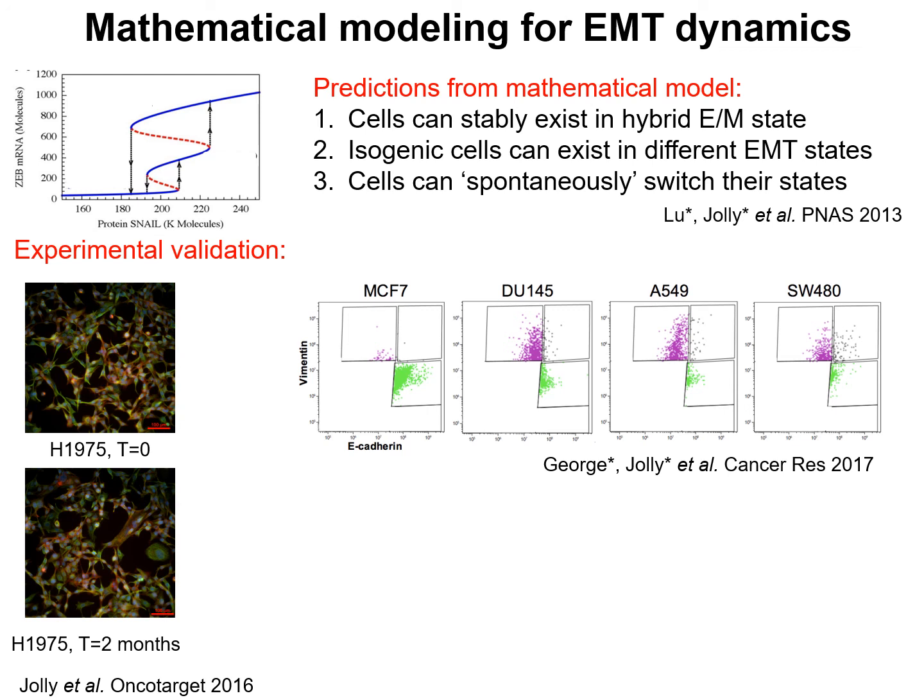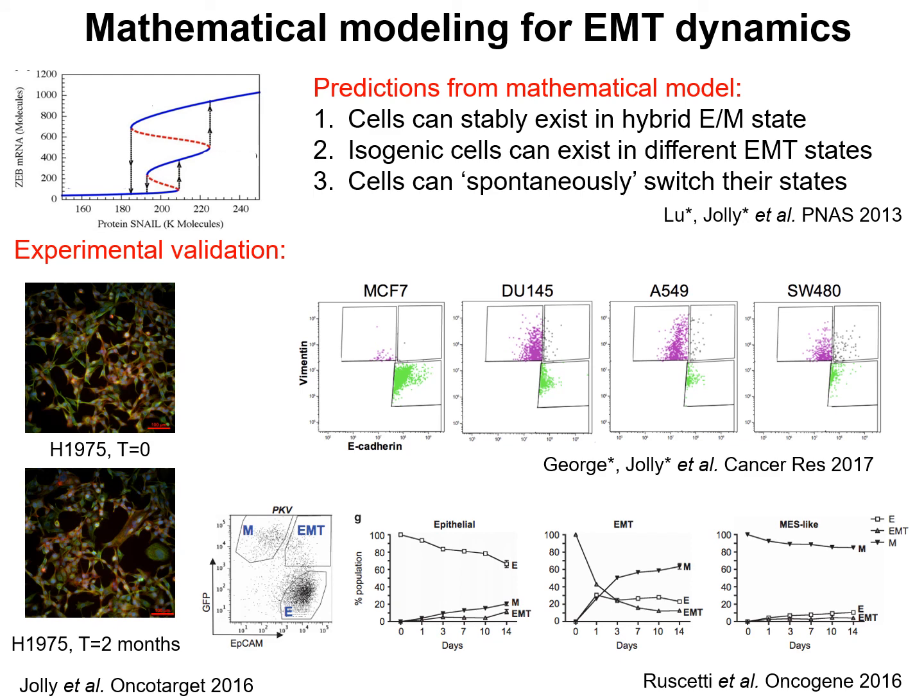And again, what you see is that there is heterogeneity in each of these cell lines, which are cells taken from patients. Some cells have only one of the proteins, which can be vimentin, shown by the violet colored cells. Some have only the other protein, shown by green. And then there are a few cells which can actually have both of those proteins, shown in the top right in each of these cases.